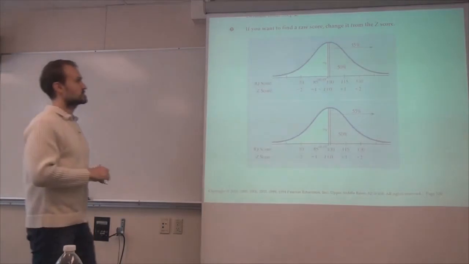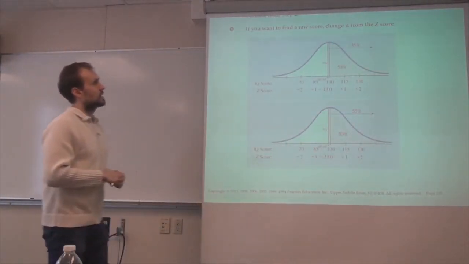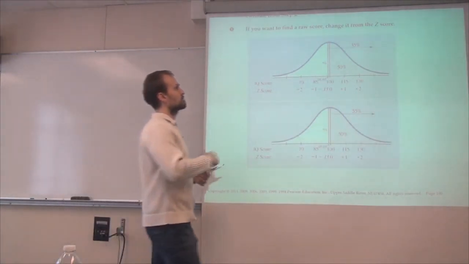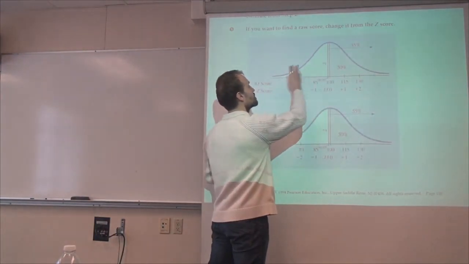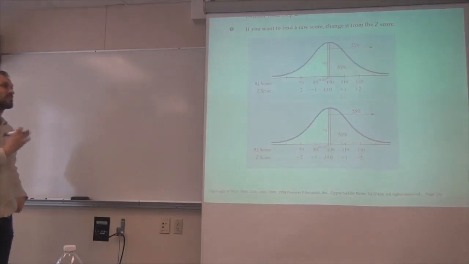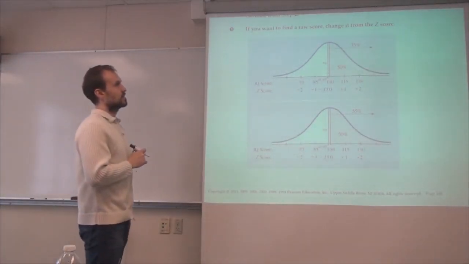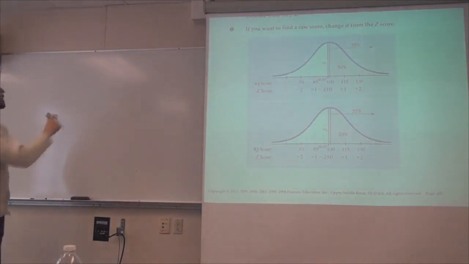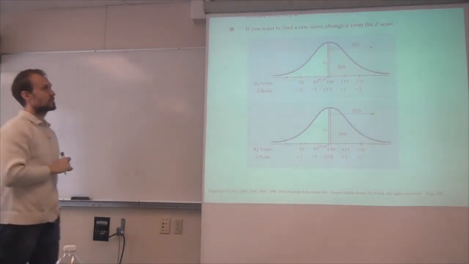Still IQ score example. So they want to look at what IQ score separates the population into 45% below, 55% above. So given the 55%, I'm trying to find what is the score? It's visualized there, so I don't have to do that.